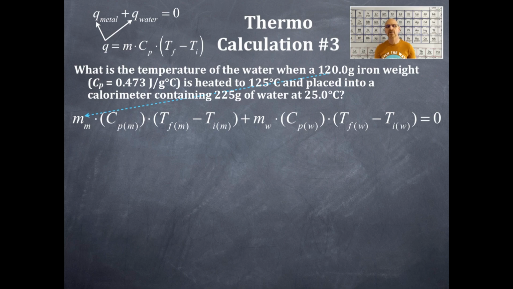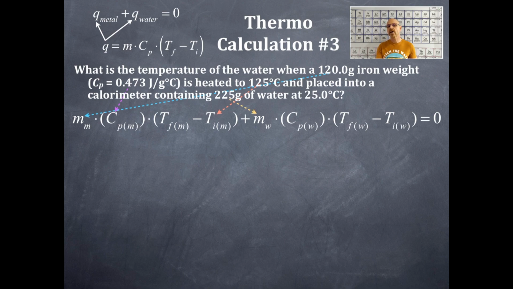This 120 gram iron weight is going to be the mass of the metal. That's going to go right in there. My specific heat capacity for the metal is 0.473 joules per gram degree Celsius. My initial temperature for the metal is 125 because it was heated to 125.